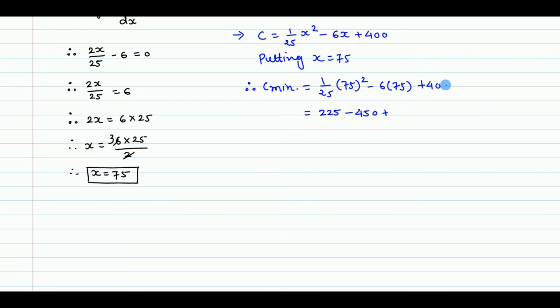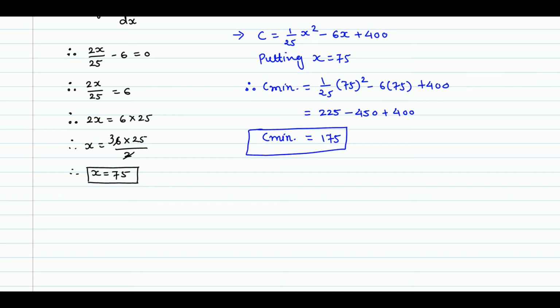Here 400 is given, not 40. So it is equal to 225 minus 450 plus 400, that is minus 50 plus 225, which is 175. So minimum cost C minimum is equal to 175, and this is our answer.